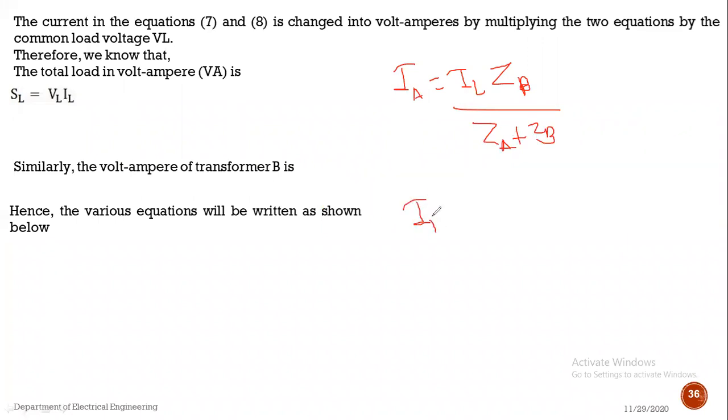Similarly, IB, the current shared by transformer B, equals load current IL into the opposite transformer impedance, that is ZA, divided by ZA plus ZB.